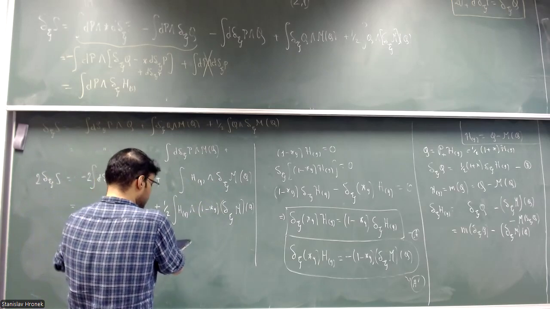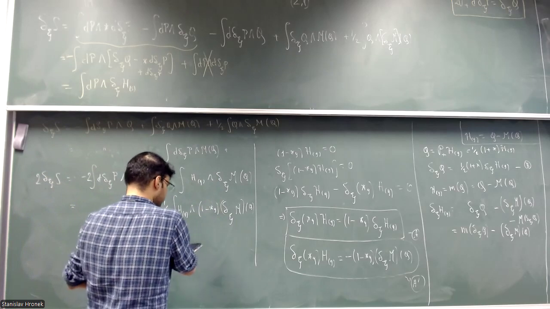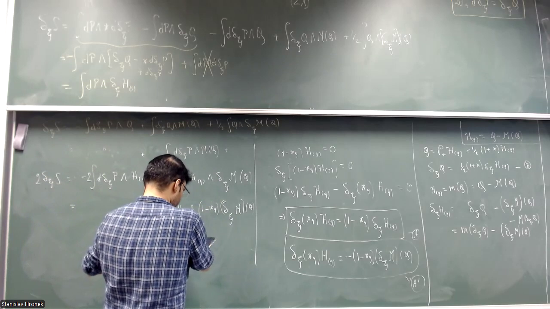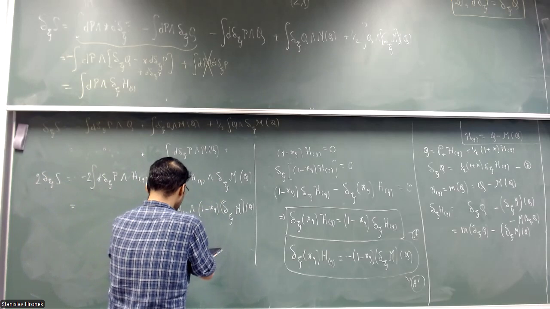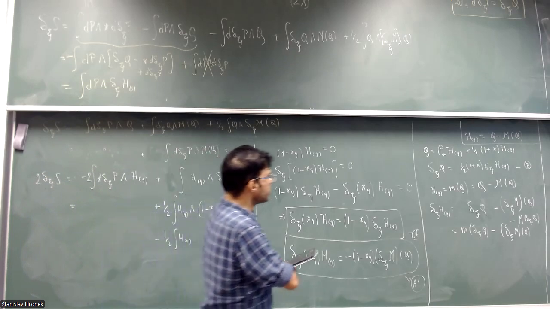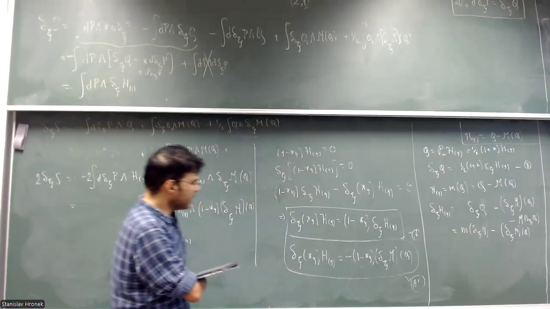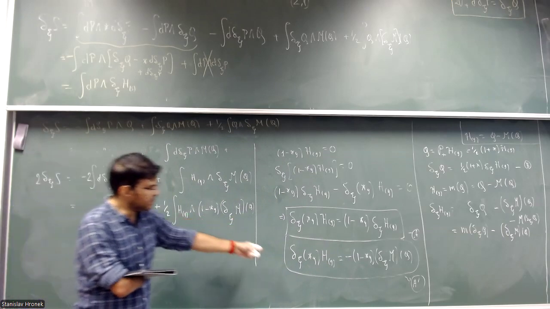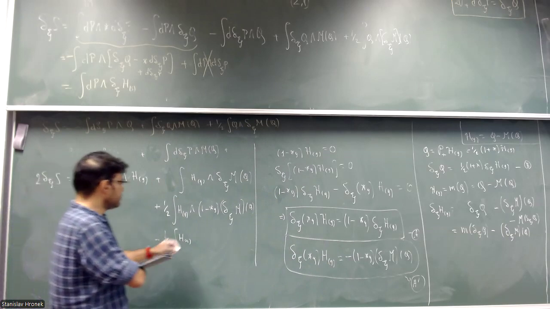Then what we can do is use this fact that when you have 1 minus star G delta xi m, I can replace it with this with a negative sign.